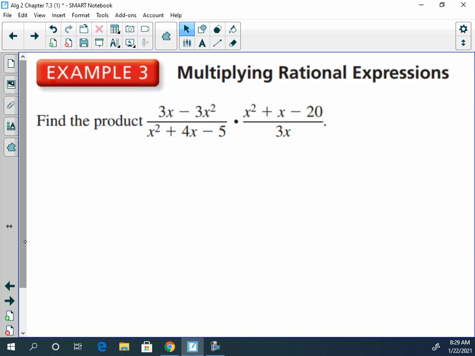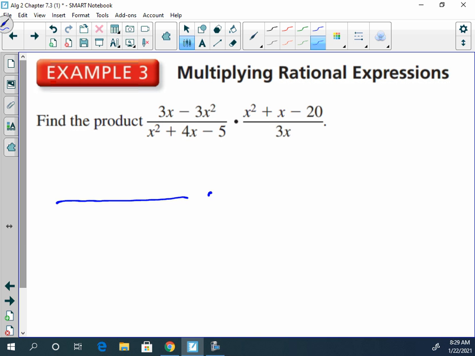Factoring again. Factoring, factoring. 3x is the only thing we don't have to factor because there's no way to factor 3x. Okay, let's look at the top one here. 3x minus 3x squared. What can we do with it?